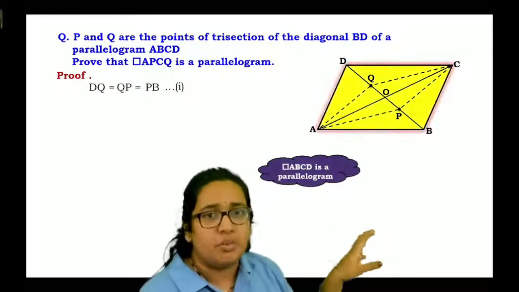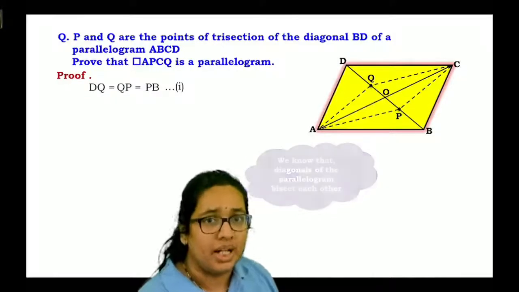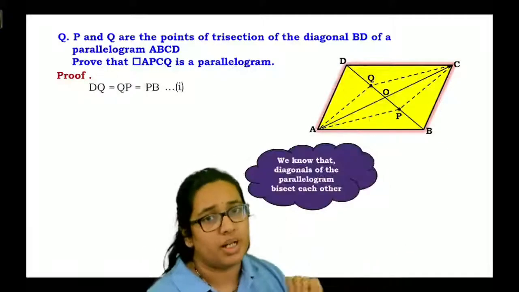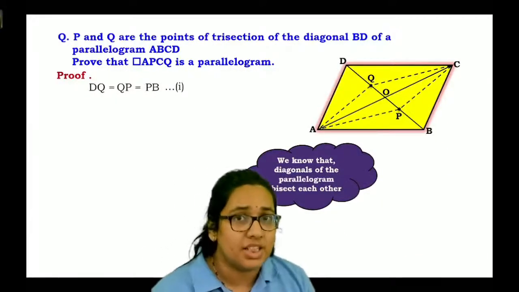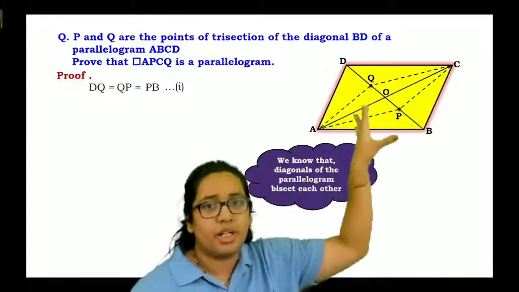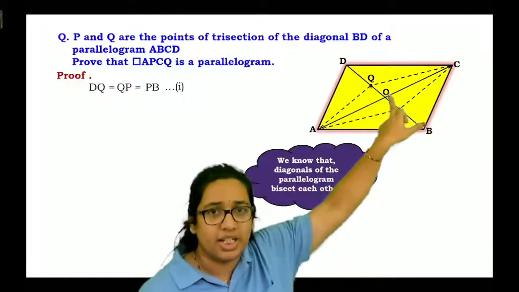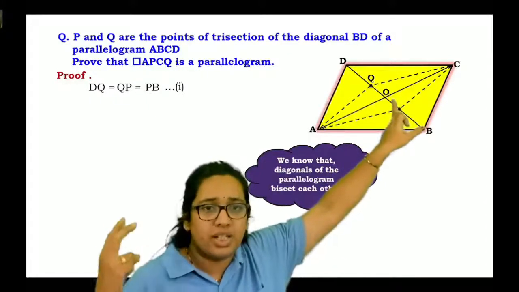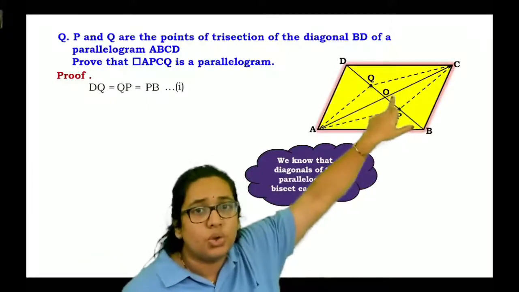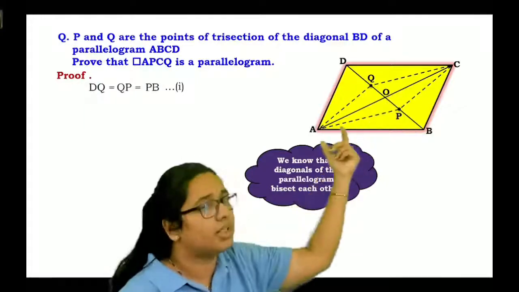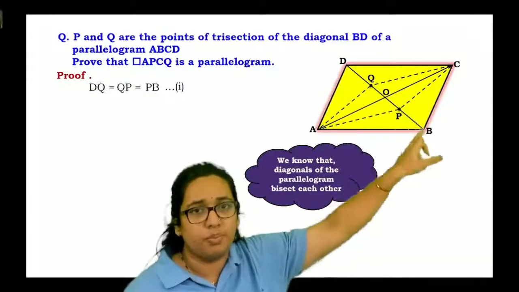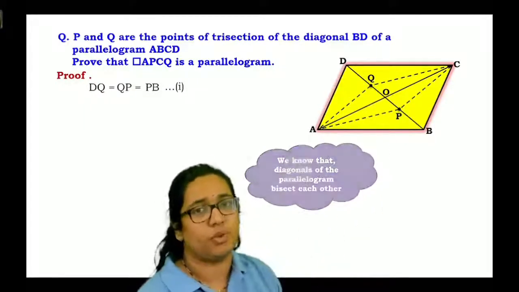So, what you can say? We know that ABCD is a parallelogram and the diagonals of a parallelogram bisect each other. It means that O, which is the point of intersection of the two diagonals, will work as the midpoint of BD and also as the midpoint of AC.